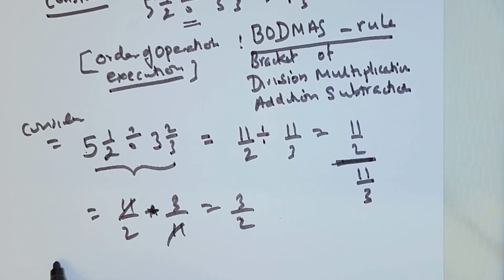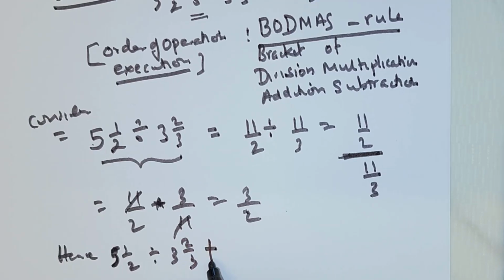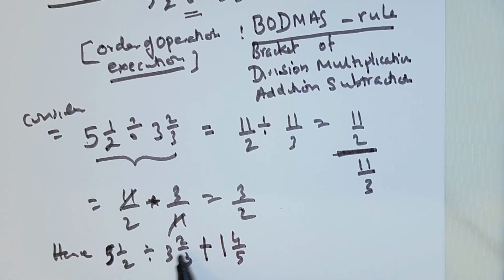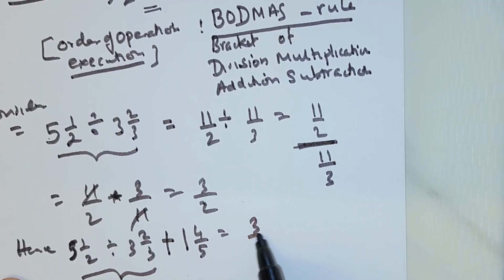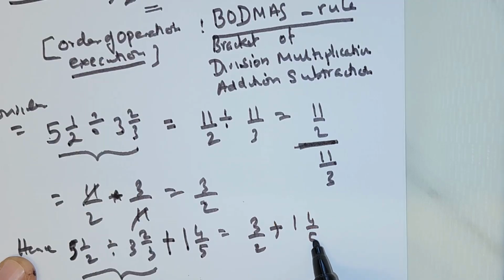Now to this expression, 5 1/2 divided by 3 2/3, I have to add 1 4/5. In place of this I would substitute 3 over 2 added with 1 4/5.